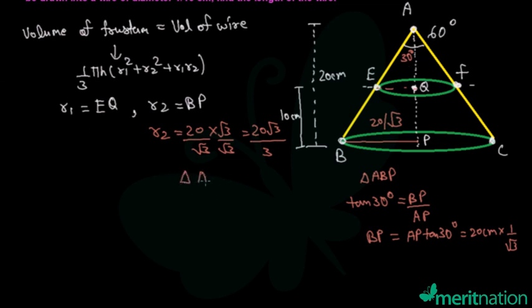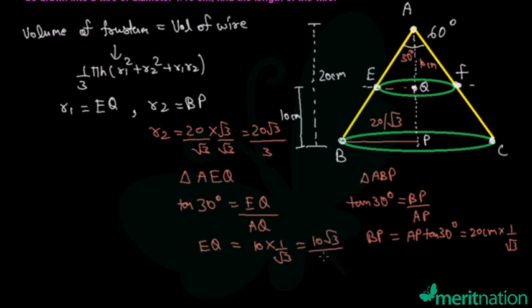In the triangle AEQ, tan of 30 degrees would be equal to EQ over AQ. Now AQ is exactly half, this height is 10 centimeters. So EQ would be equal to AQ into tan 30, so 10 into 1 by root 3, which is equal to 10 root 3 by 3.